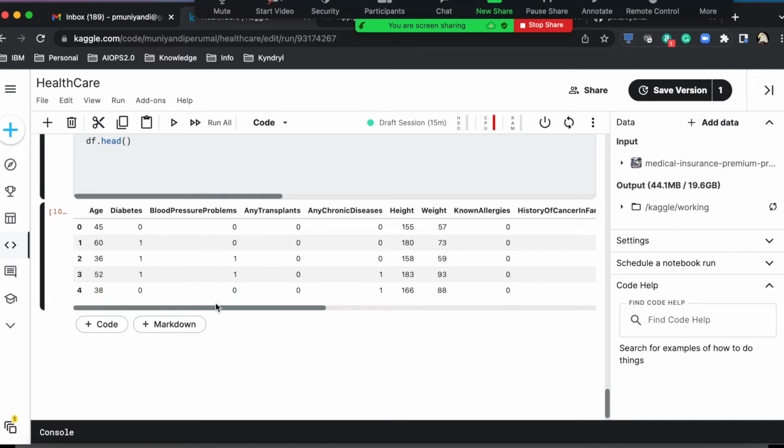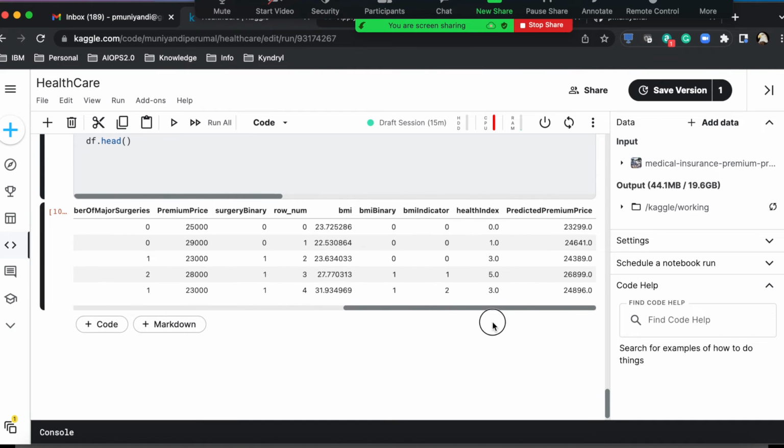Okay, see here, now I got a new data set. In this new data set, the premium which the guy paid is 25,000, but he is supposed to pay 23,299 only. Some salesperson oversold this price. Same thing, like the 29,000, he is supposed to pay 24,000.